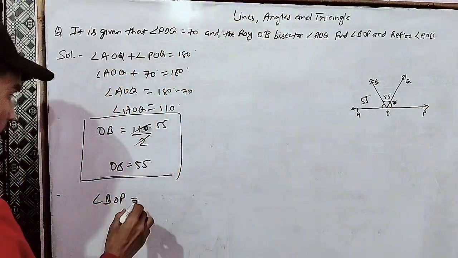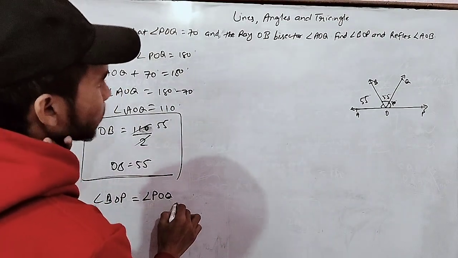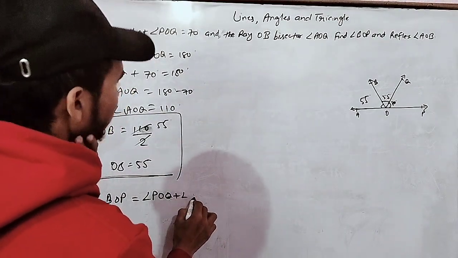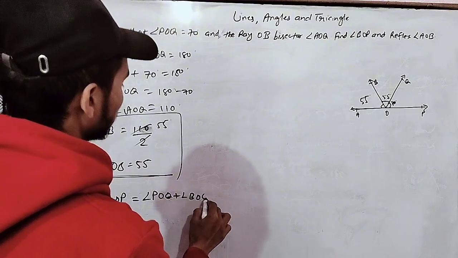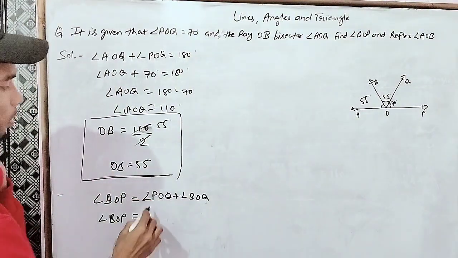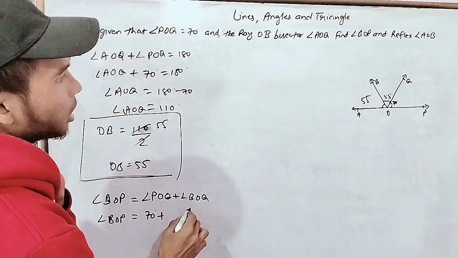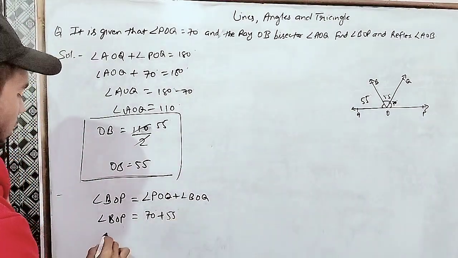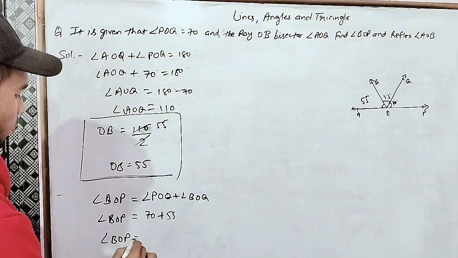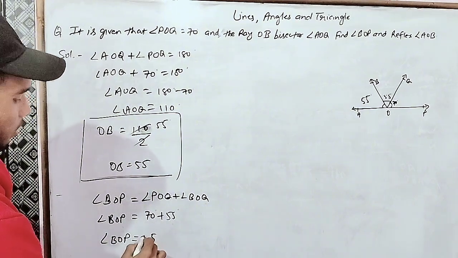So can we write angle POQ and angle BOQ. Now the value of angle POQ is how much? 70 degrees. Then angle BOQ is 55 degrees. Now what is the answer for this angle? 125.